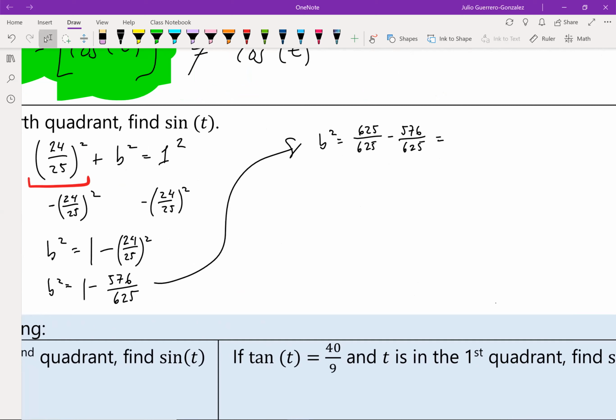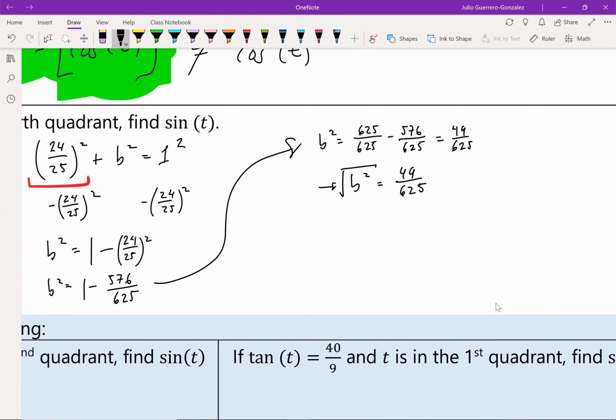Now we get to subtract the tops. 625 minus 576, 49. So b squared is 49 over 625.